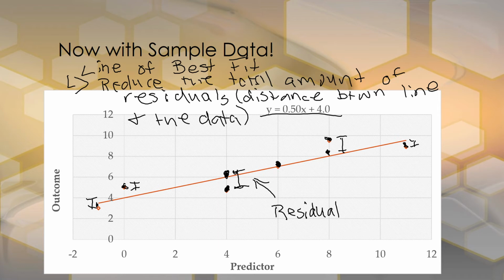Okay, so this is what you try to do when you create a line of best fit, and I'll show you how to do that. And to get this line, you need two pieces of information. You need the intercept and the slope.